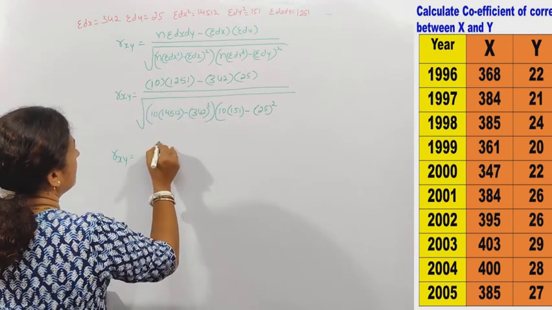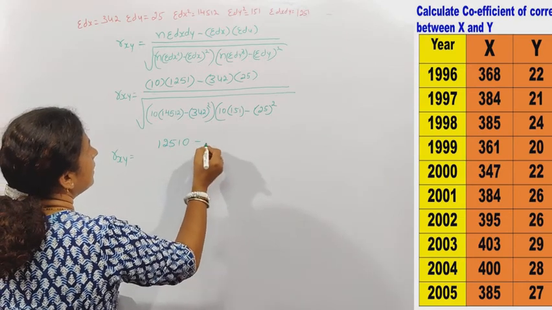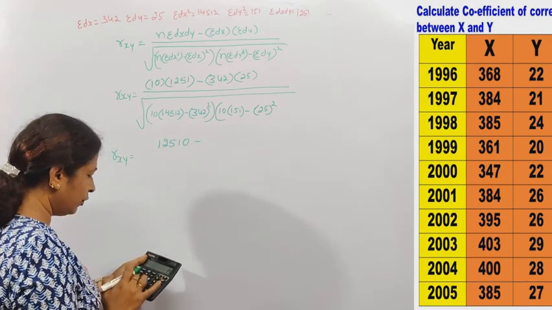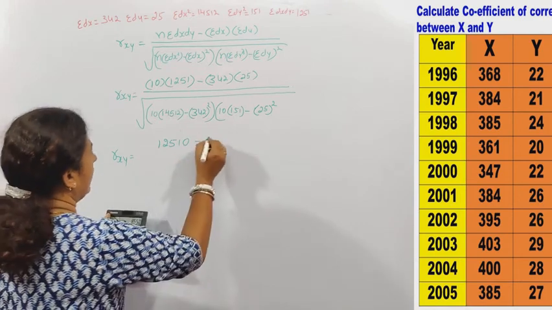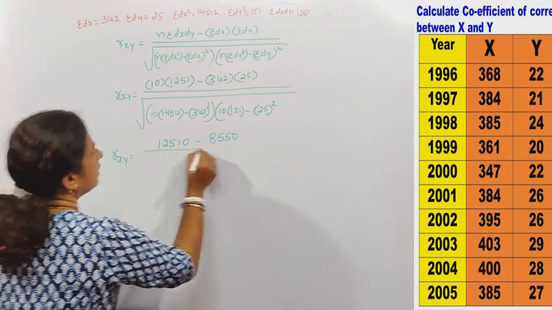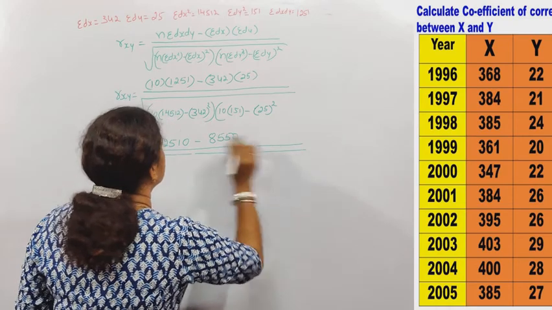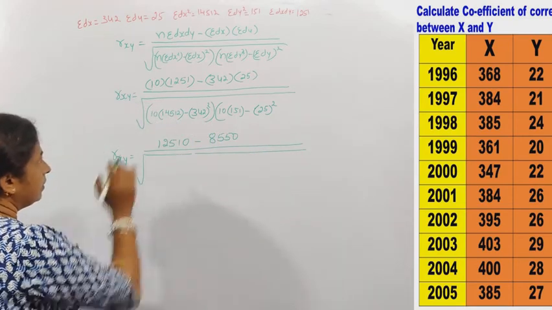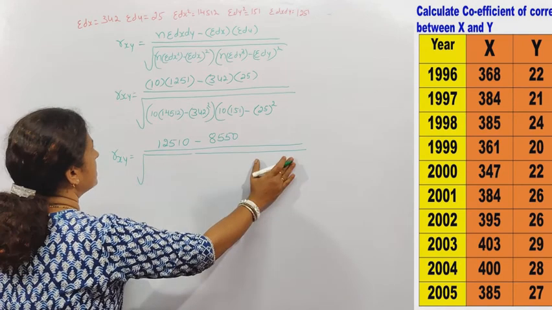1251 into 10 is nothing but 12,510 minus 342 into 25, 8550. Okay. So at this step it is enough, and here you have to retain the root as it is.